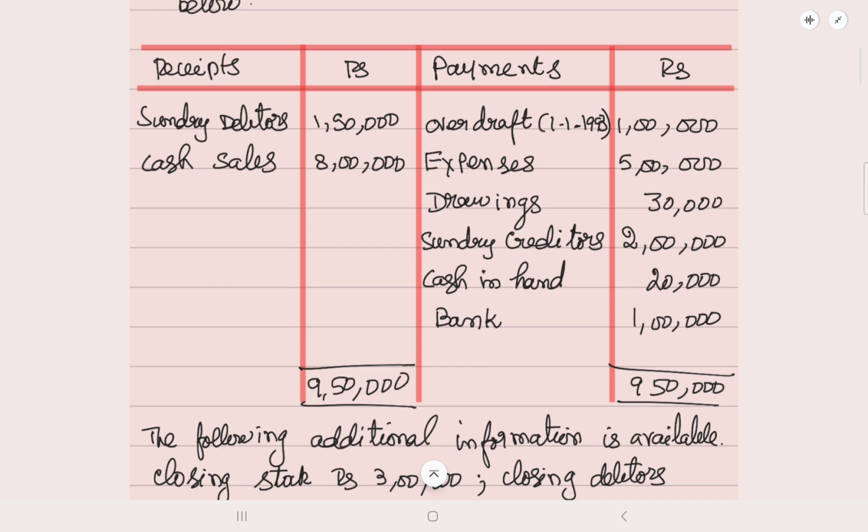Receipts and payments. Receipts: sundry debtors 1 lakh, cash sales 8 lakh, totally 9,50,000. Payment side: overdraft as on 1/1/93 1 lakh, expenses 5 lakhs, drawings 30,000, sundry creditors 2 lakhs, cash in hand 20,000, bank 1 lakh.